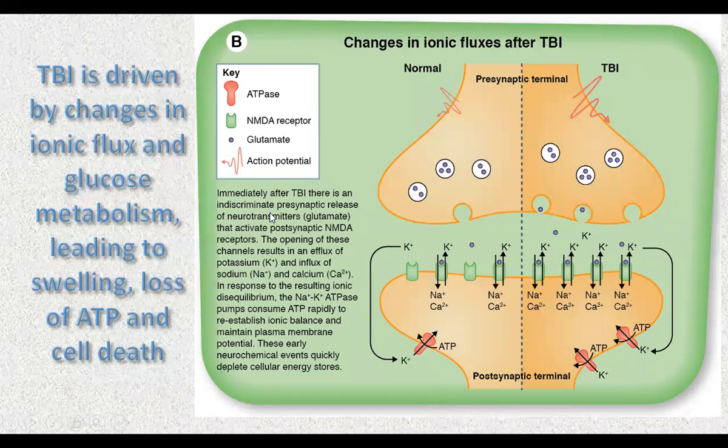What happens when you have damage to neural tissue is that you get changes in the membrane potential of the neurons. The reason is that you tend to get a big release of excitatory neurotransmitters due to the swelling and the shock.